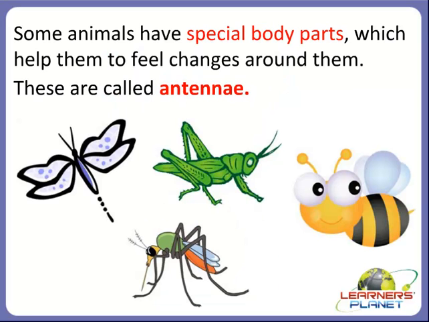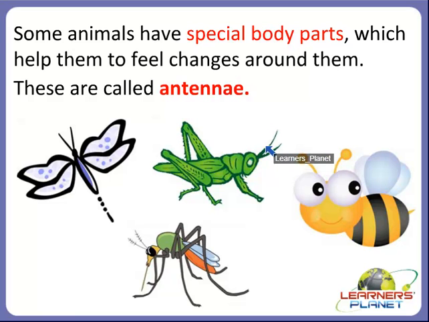So children, there are some animals that have special body parts which help them to feel changes around them. These special body parts are called antennae. We can see in the picture that these are the two antennae.